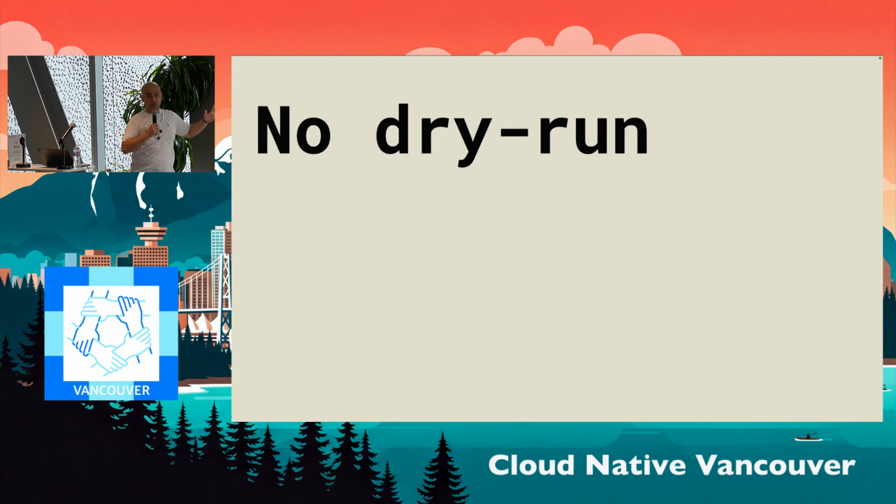Now, there's no dry run. You either know what you have written or not. You literally know what this policy is going to do or not. If you apply it, it does the thing that it's supposed to do or not. Maybe you secure your cluster or maybe you break the whole cluster down. Because again, with a policy, you are actually trying to prevent or permit something.